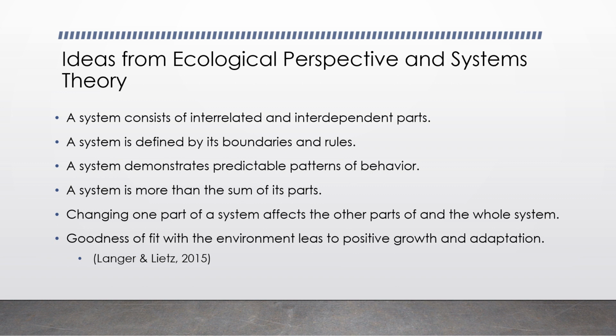One way we can think about this is, for example, family therapists, when they're working with families, they really like to see firm yet flexible boundaries. Those are the ideals.